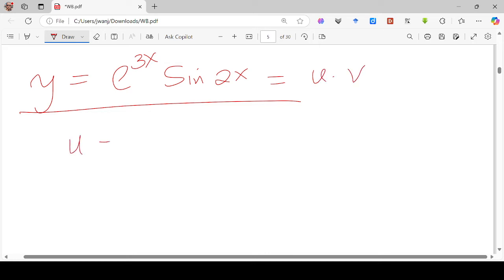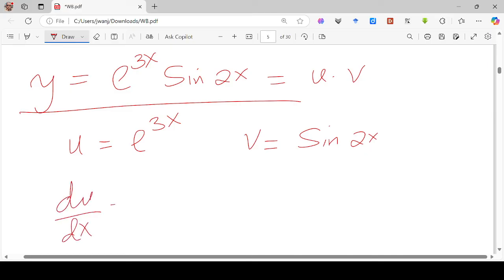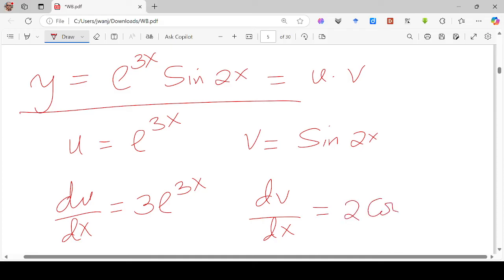So u is e raised to power 3x and v is sine of 2x. Again, we differentiate u with respect to x, and this should give us 3 e raised to power 3x. We also differentiate v with respect to x, which will give us 2 cosine of 2x.